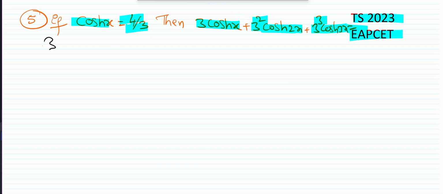Now we find this: 3 cosh x plus 3 square, that is 9, into cosh 2x. The cosh 2x formula is 2 cosh square x minus 1.